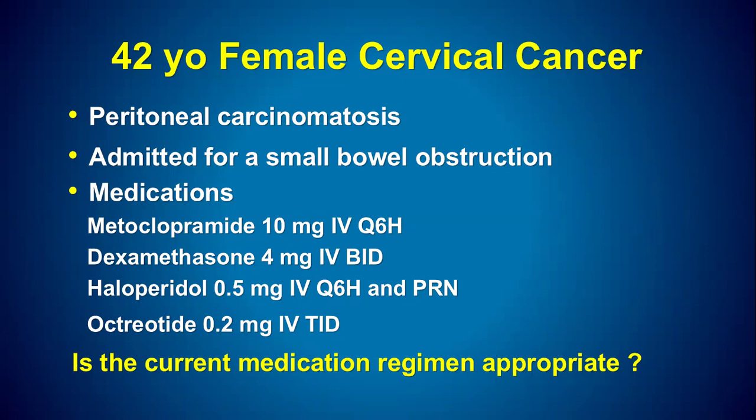Is it a good regime to have, or is it missing something, or is it having extra something that you would not want to have? Is the pathophysiology of malignant bowel obstruction clear?